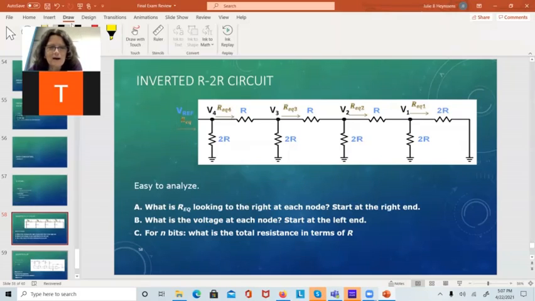Okay, so remember what we did here. We set this thing up so that the REQ looking into here is always 2R. Because of that, we can use the voltage divider rule.